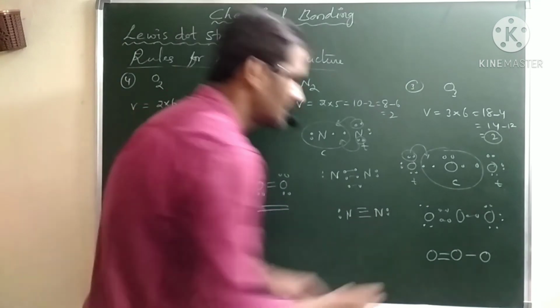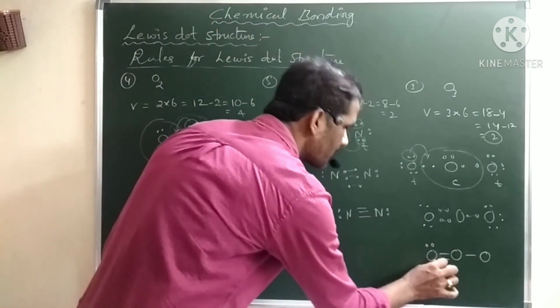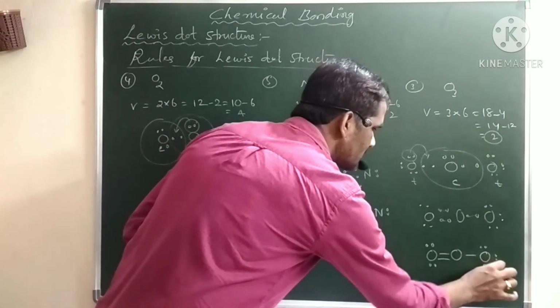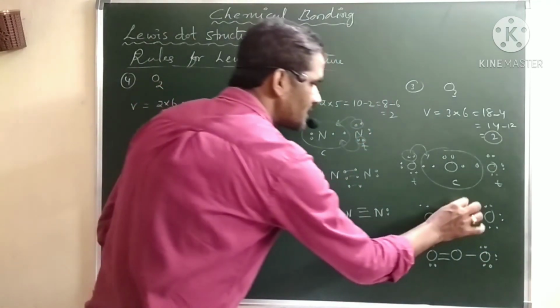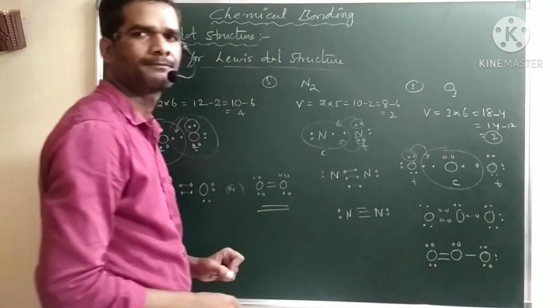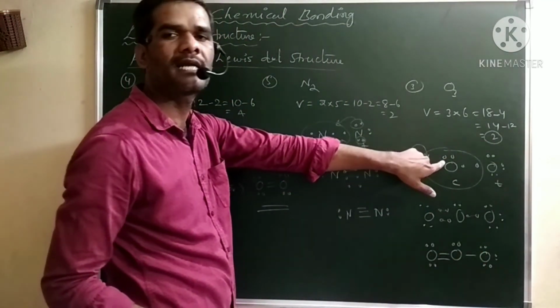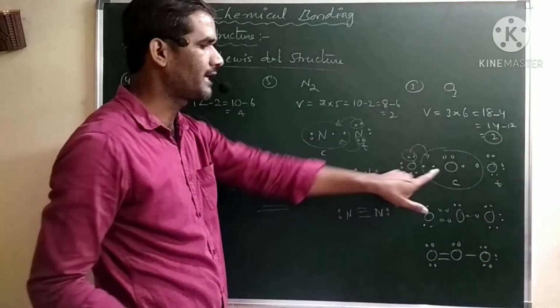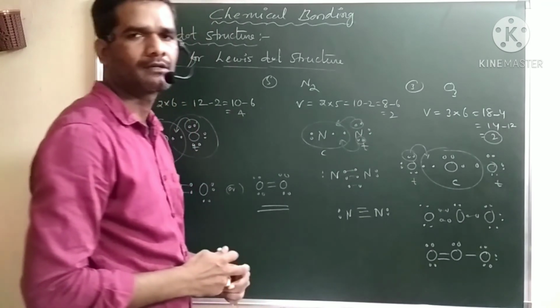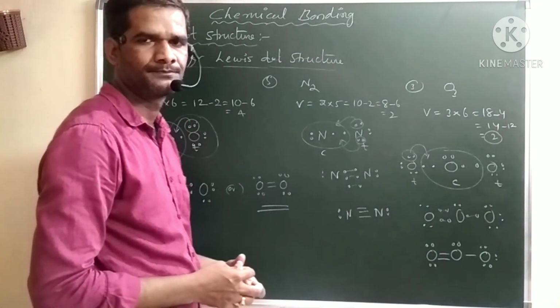And now this oxygen still remains with 2 pairs of unshared electrons, and this oxygen remained with 3 pairs, and the central atom also 1 pair, because we had initially 1 pair. We should not move the central atom pairs to make multiple bonds. Only we have to move the terminal atoms' electrons to form the multiple bonds.